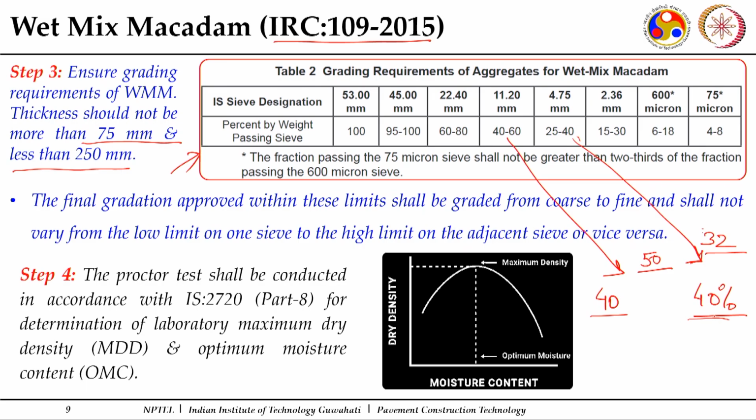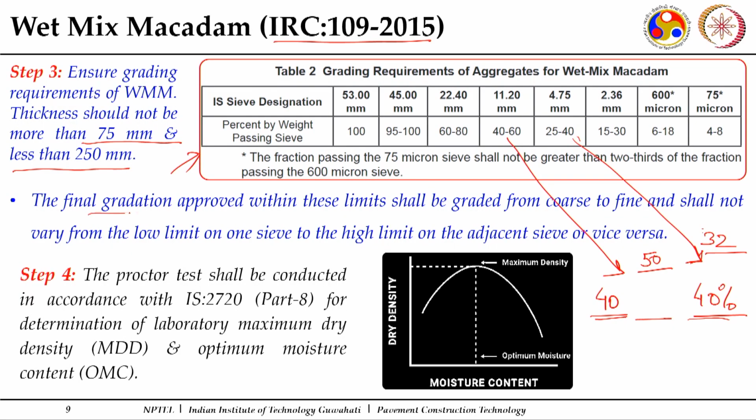Now what happens is, we should not go for this kind of proportion or blending, because here 40% is retained and here 40%. So there is no material between the 11.2 and 4.75 sieve. This creates a gap grading, and this is not preferable. So even while doing the proportioning, you should take care and apply your own caution to see what is happening.